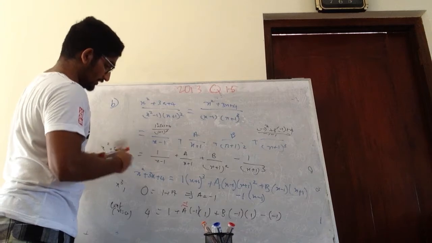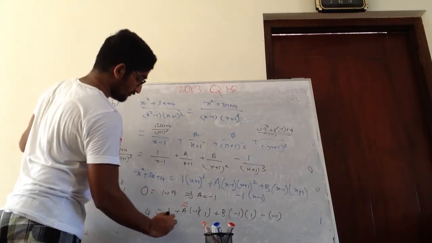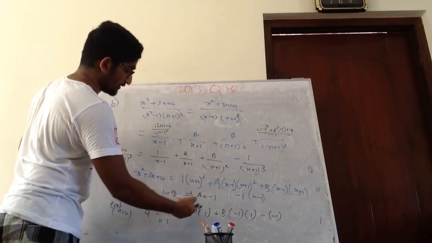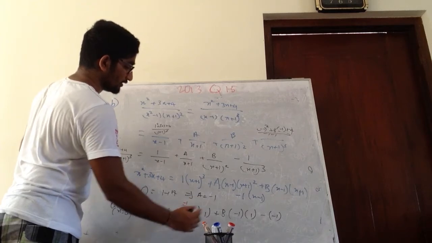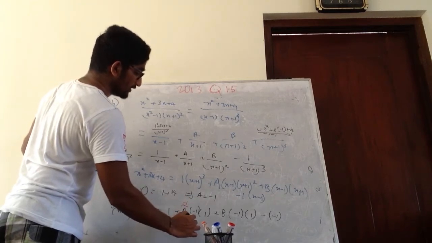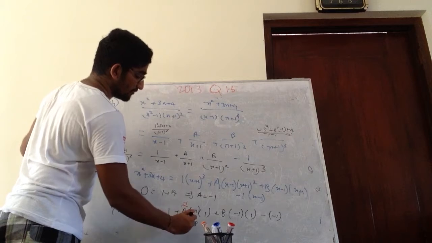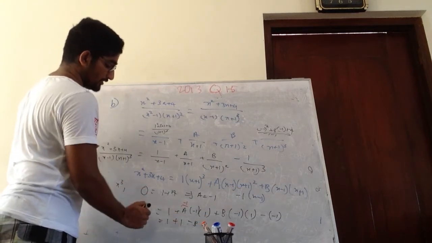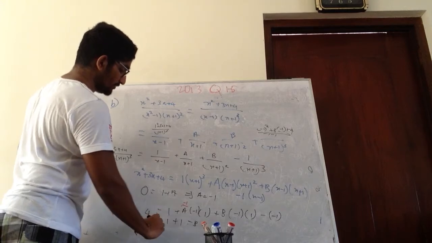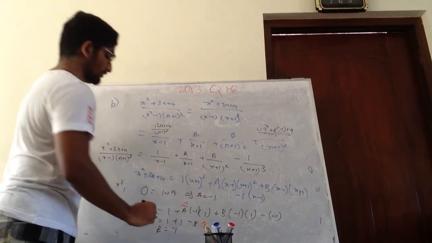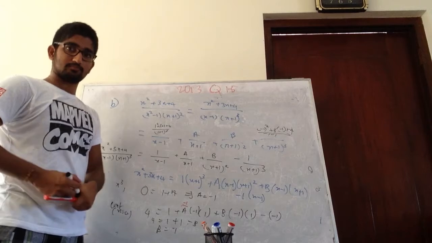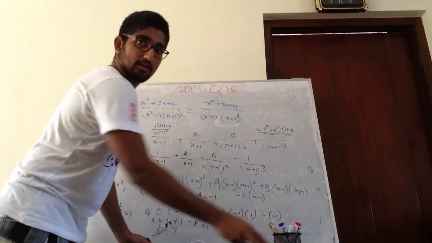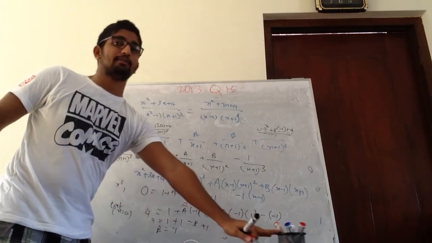So we get 1 minus 1 minus 1 is plus 1, plus 1 into 1 is again 1, plus b, b is going to be minus b, this is going to be plus 1. So this is going to be 3, this is going to be 4. So b is going to be what? Minus 1. Correct now?